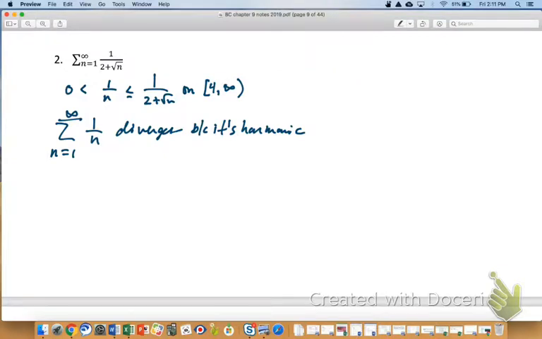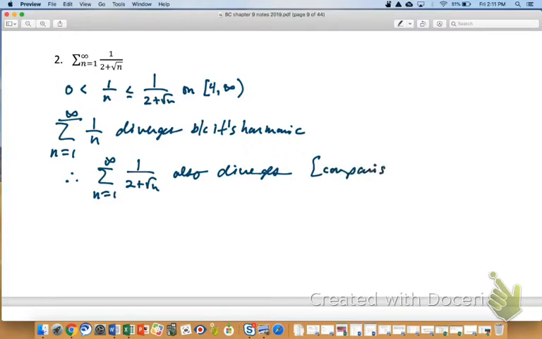Okay, so then 1 over n is lower than the series we're concerned about, and 1 over n diverges, so that means anything above it also diverges. So I can say, therefore, my original series also diverges, and the reasoning there, of course, is comparison, or direct comparison.